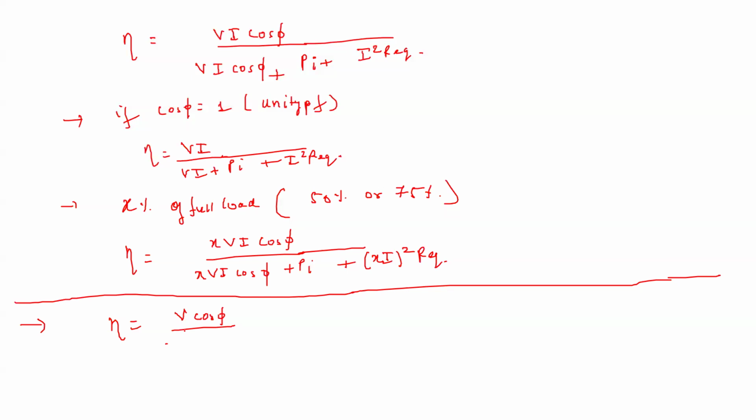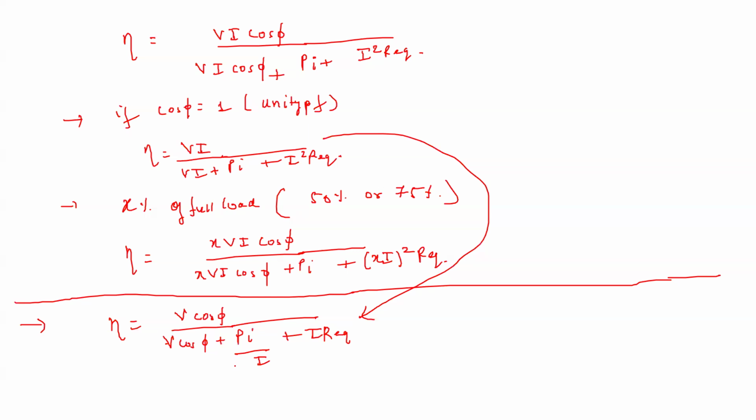So V cos phi plus Pi by I plus I R equivalent. This is the same equation, just dividing numerator and denominator by I.